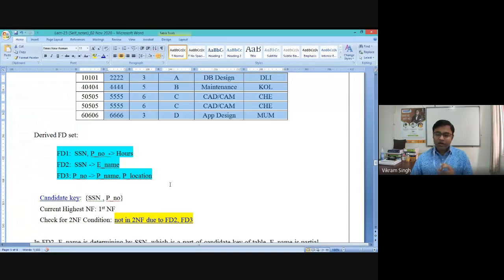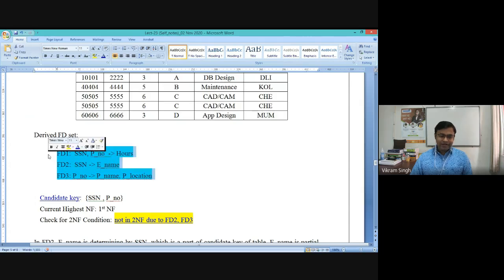We will look at the FDs by using the candidate key, because in the definition of second normal form, it is said that there should be no partial dependency between key attributes and non-key. So what are the key attributes? Out of these FDs, we have defined this candidate key, and we can claim that these are key attributes.